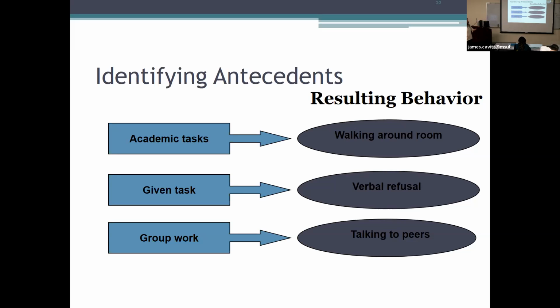Most often it happens like the class before. So for example, in first period class, you have a student who walks into the class and the first thing you have your class do is daily journaling.